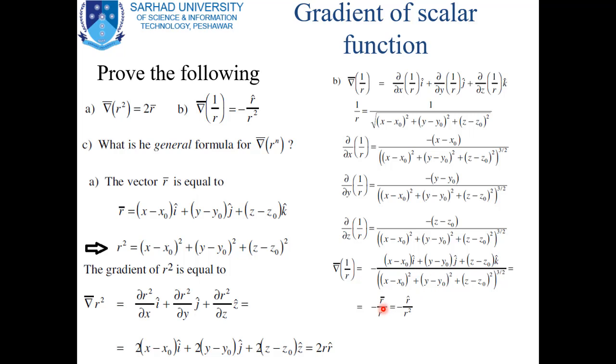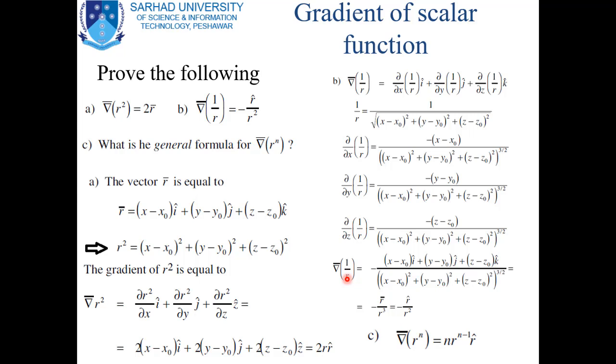So we write r vector and then use the definition of a vector, which is magnitude into its direction. So r into r cap, r will cancel with the r cube, and we will have r square in the denominator. So the del of 1 over r is equal to minus r cap divided by r square. And from these two expressions, here the power of r is minus 1.